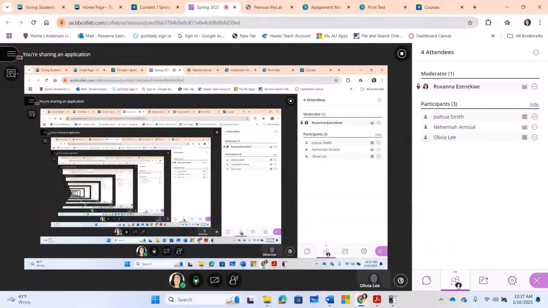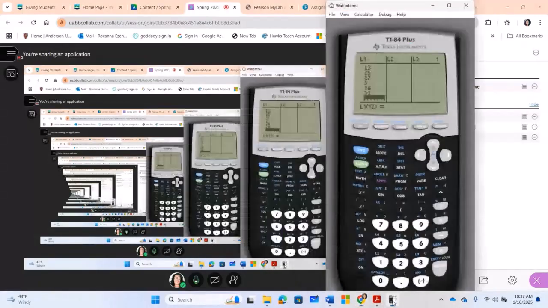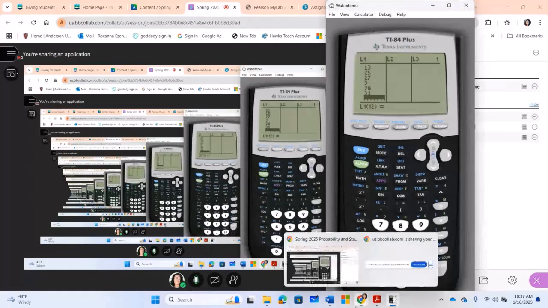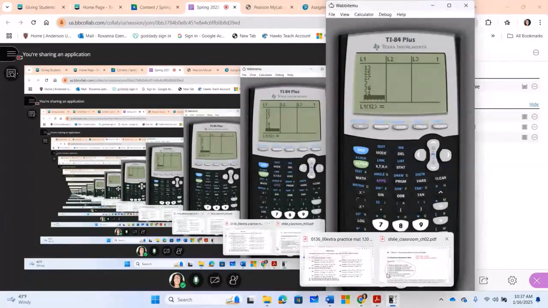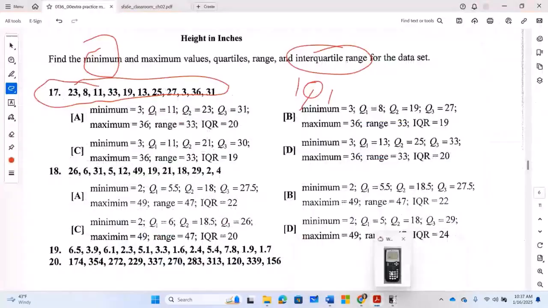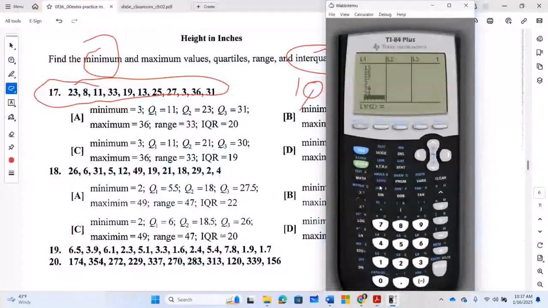All right, to sort in ascending order, let me go back to that worksheet. To sort in ascending order, see the data is in L1, but it's not sorted in ascending order.